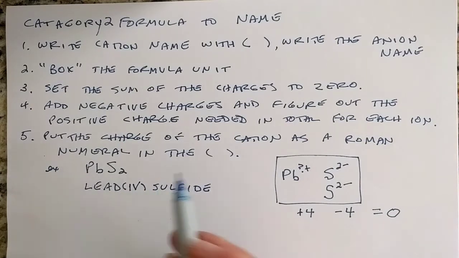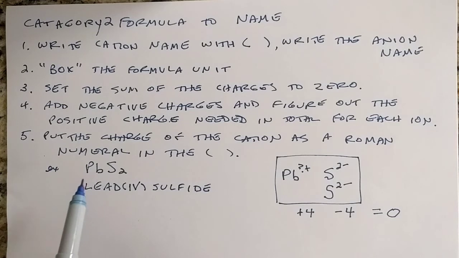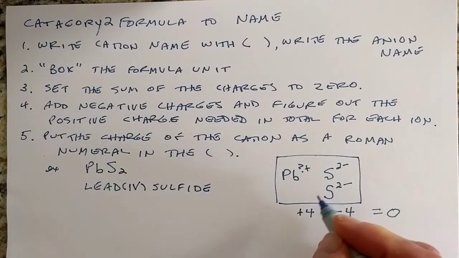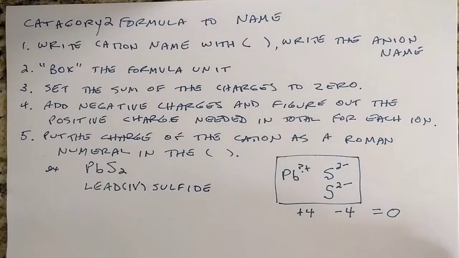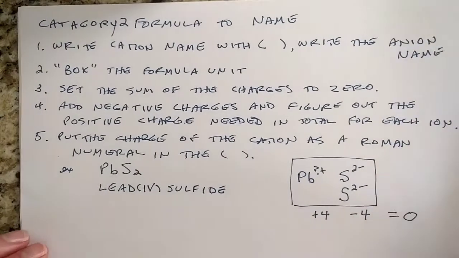This 4 means that is the charge of the lead ion in the compound. Lead, Roman numeral 4, sulfide. We don't have any 4s in the subscripts of our formula because this is not referring to a subscript. This 4 is referring to the charge of the ion. This has to be a +4 or 4+ ion. Okay, let's do a few more examples of this.